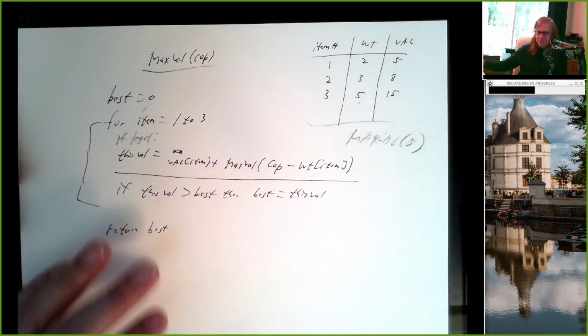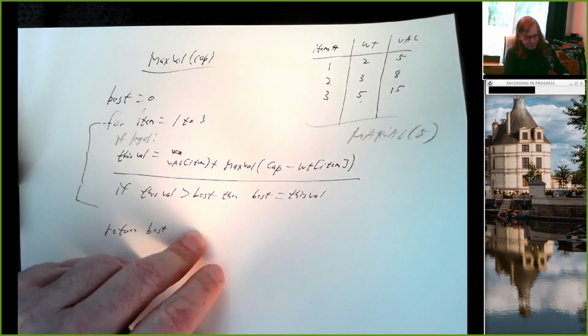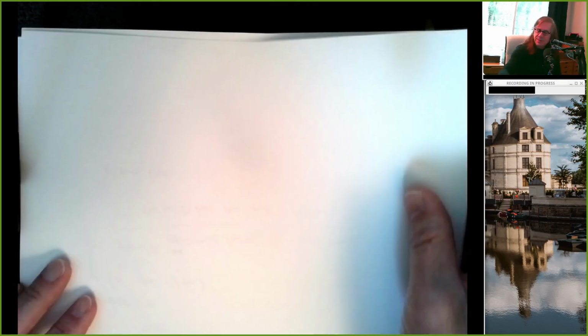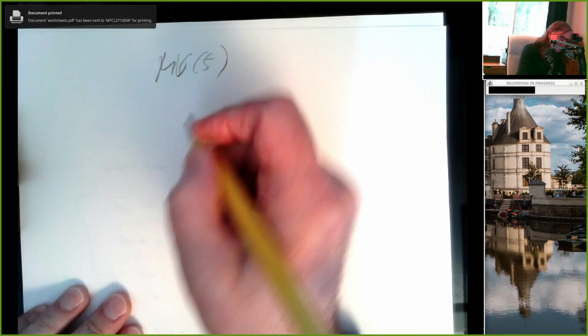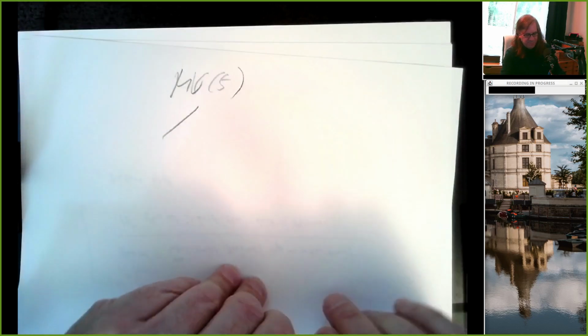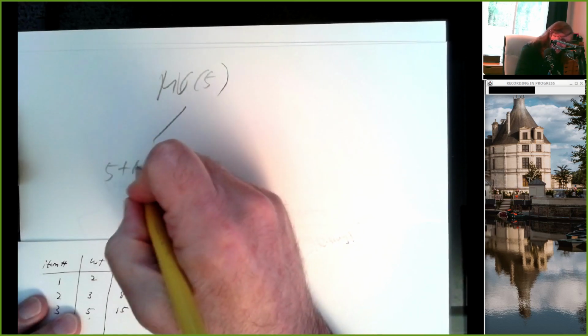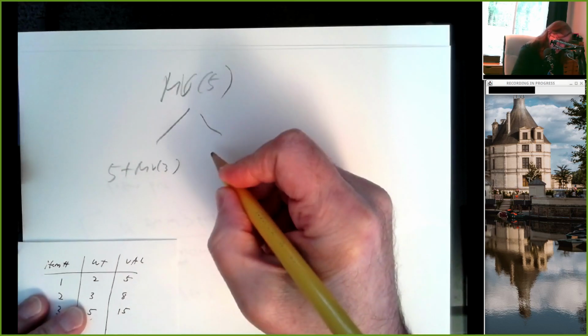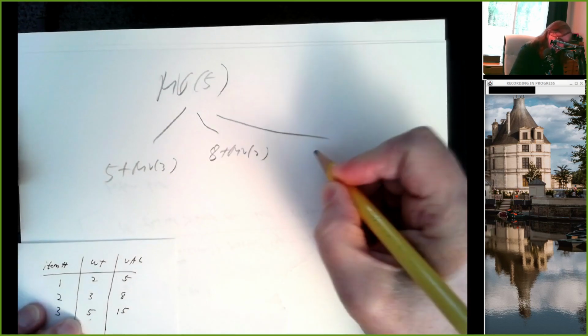And you can do a more bare bones version of this by making a recursion tree. So maxval of 5 could be 5 plus maxval of 3, 8 plus maxval of 2, and 15 plus maxval of 0.